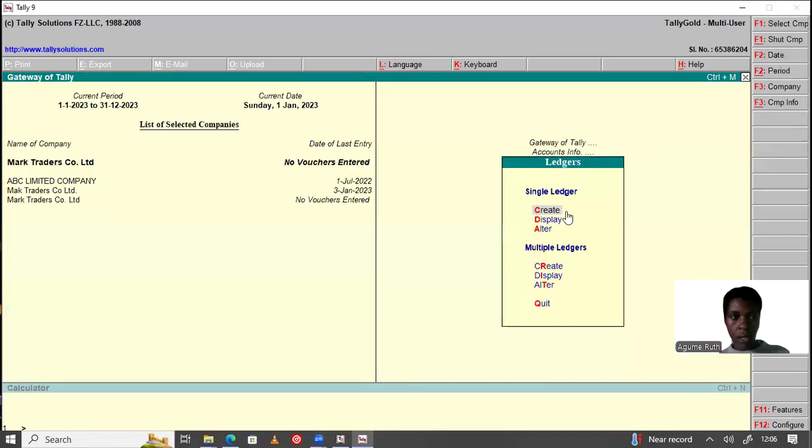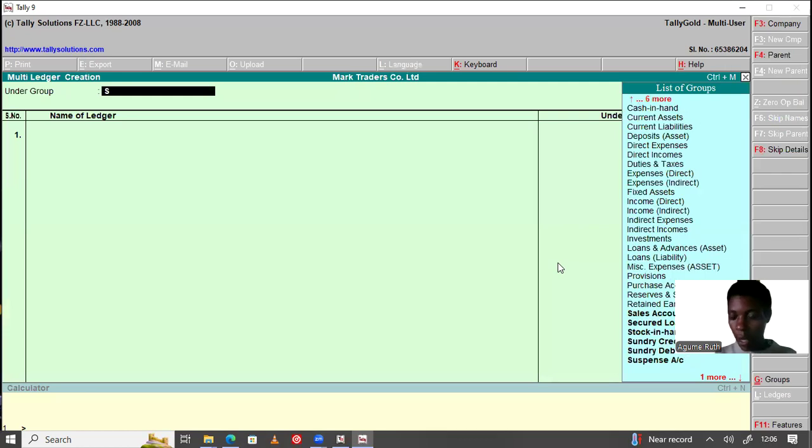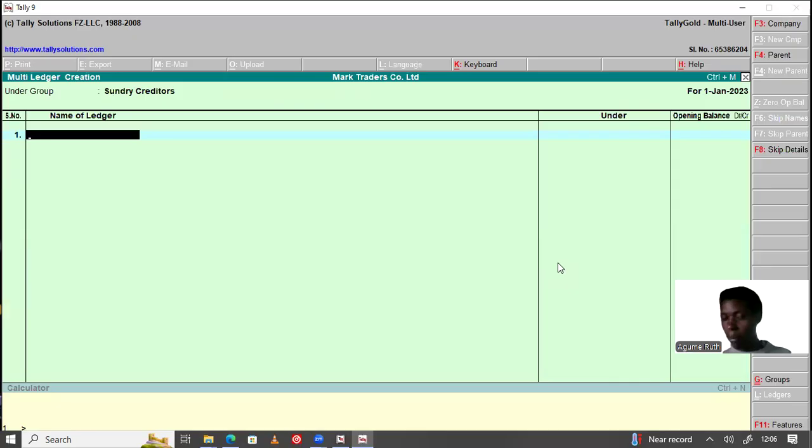And when I go back to this, I'm going to use multiple still so that I can input the creditors, the sundry creditors who are the suppliers. One, we have Kavale Sisters. It is 1.7.